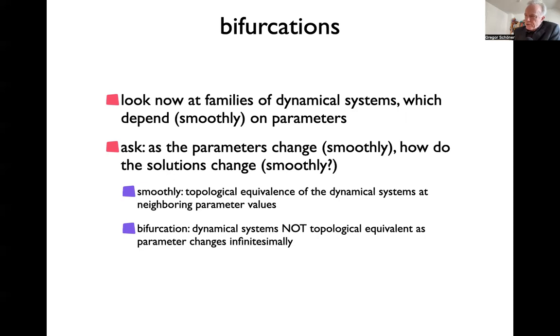So whenever these solutions change smoothly, then we would say no qualitative change, because now you could think of the entire ensemble of the solutions as just having been a little bit deformed. Think of the solutions as functions that you plot on a rubber surface, and if you were to pull on the rubber, that will be all just smooth deformations of that ensemble of solutions. If there's anything where neighboring points are mapped onto something else when you change the parameter, like you have to cut the rubber sheets and pull it back together in a different way, then that will be not smooth, and that's what will happen at bifurcations.